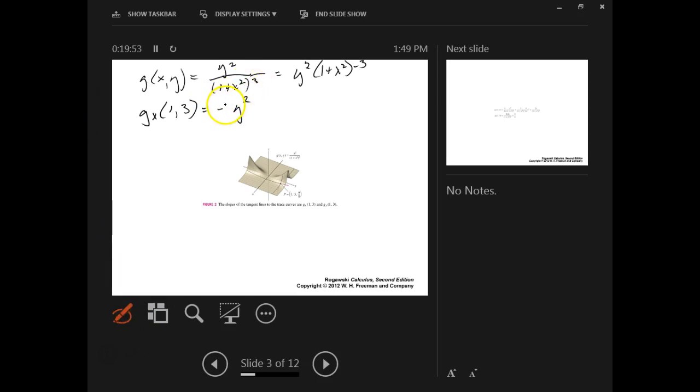So you'd have a 2x here as well, times the derivative of the outside. Oh, I'm confused. I forgot how to do the chain rule. Basically, what you're taking is the derivative of this thing with respect to x, treating the y as if it's a constant. So the y squared was certainly right there.